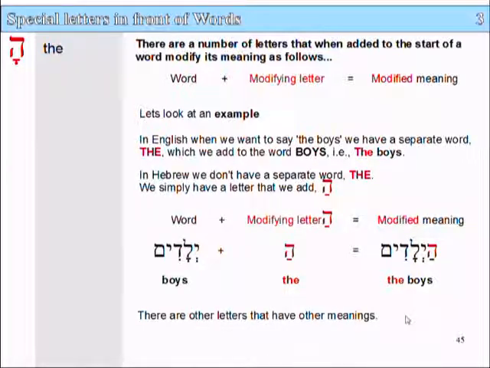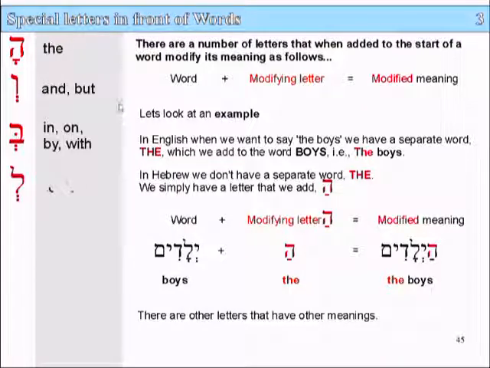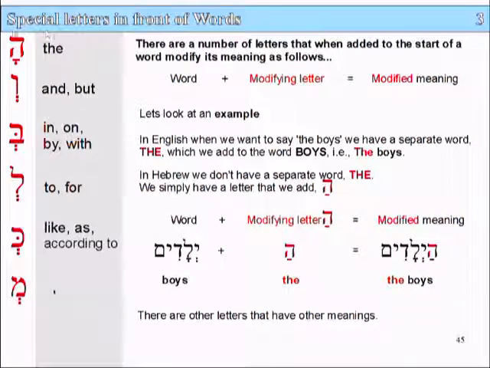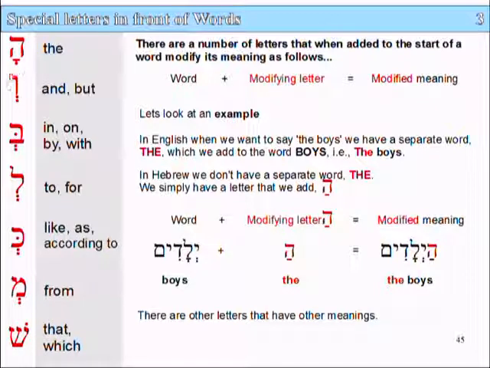There are other letters that have other meanings, and we'll have a look at those in this lesson. In the first half of the lesson, we'll just look at these two, the Hey and the Vav. The Hey means the, and the Vav, when put in front of a word, means and.